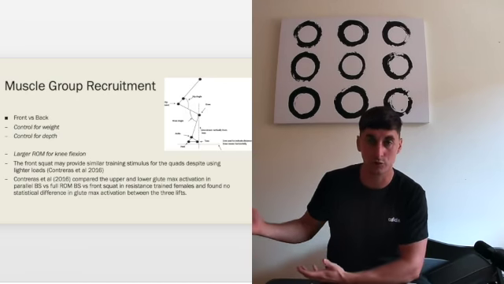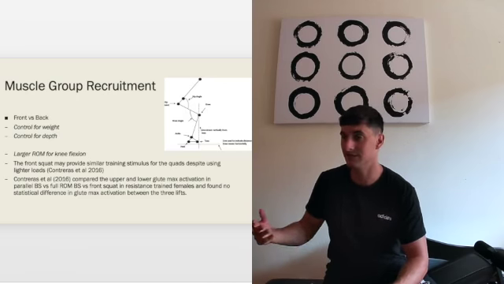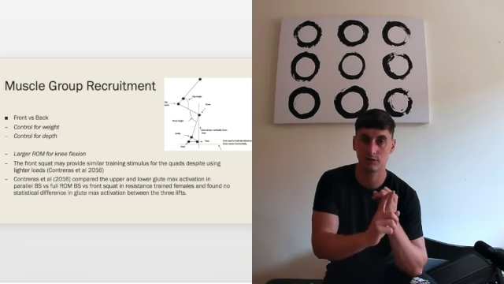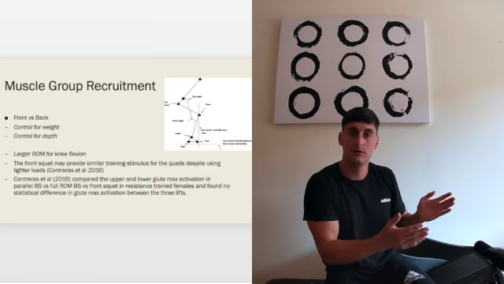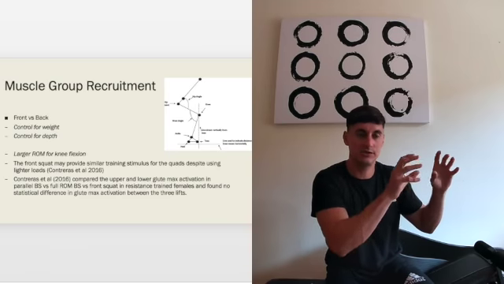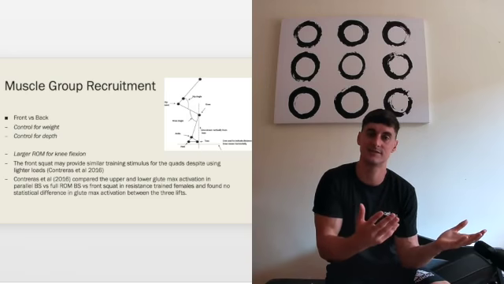But shouldn't you control for range of motion? Shouldn't the depth be the same? Yes, and weight is one thing, obviously. You can't front squat as much as you can back squat. So they have to control for that somehow. Like, they have EKGs or EMGs hooked up to the muscles. So that's what affects these studies.